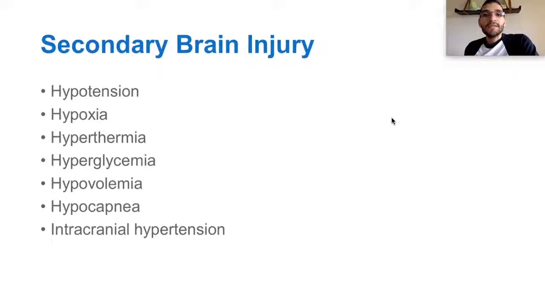In somebody who's actively herniating, we try many things first, which we'll discuss in a second. And the last resort is hypocapnia. How does that work? CO2 is a potent vasodilator of the cerebral vasculature.